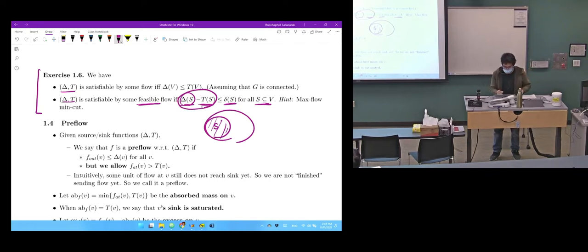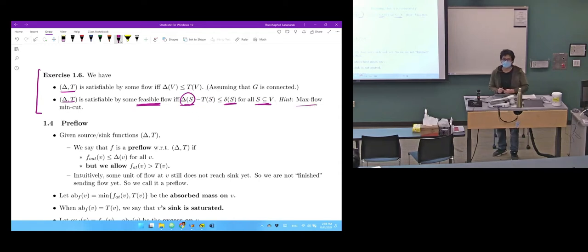This is the amount of mass that will remain even if you absorb all of the mass inside the set, and it needs to be sent out of the set somehow. If this is more than the cut size, there's no way to get a feasible flow. You cannot respect the capacity. To make this formal, you can use max flow min cut again.